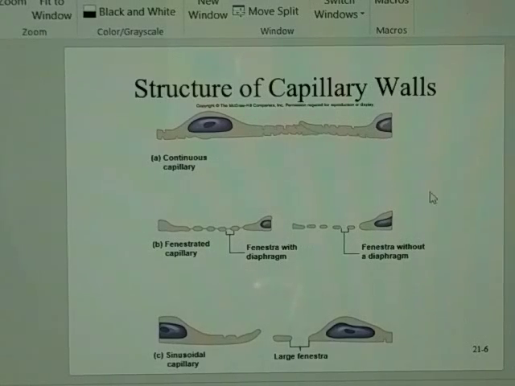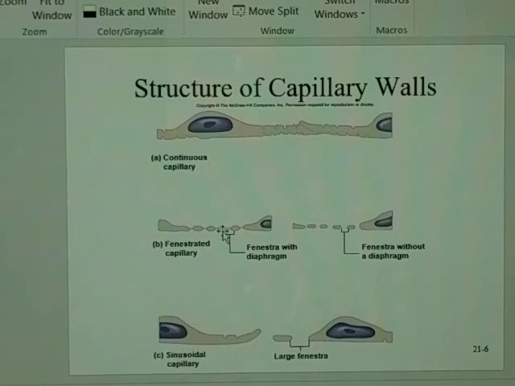This is showing the structure of these particular capillaries. If we're looking at one that is continuous, note we don't have any gaps. So the materials are going to have to move across these cells. If we look at the fenestrated, note we begin to see some gaps.